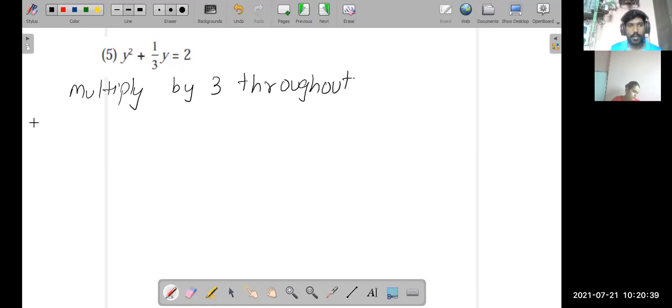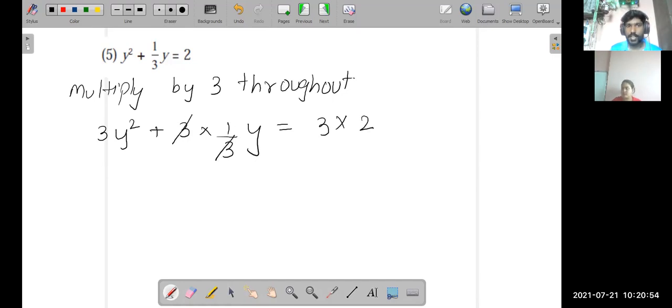Throughout by 3. So it becomes 3y square plus 3 into 1 upon 3y is equal to 3 into 2. And here this 3 and this 3 cancel. So you are left with 3y square plus y is equal to 6. Is this clear up to here?